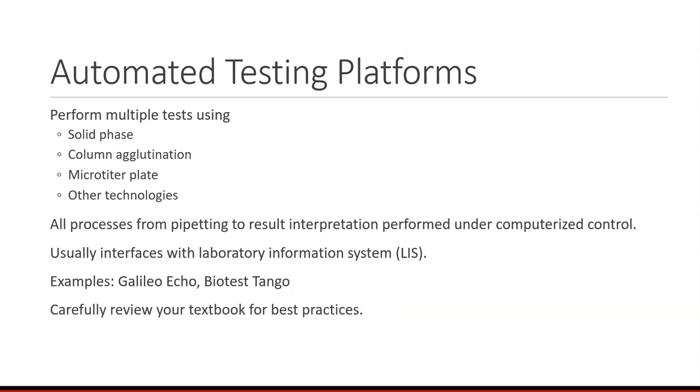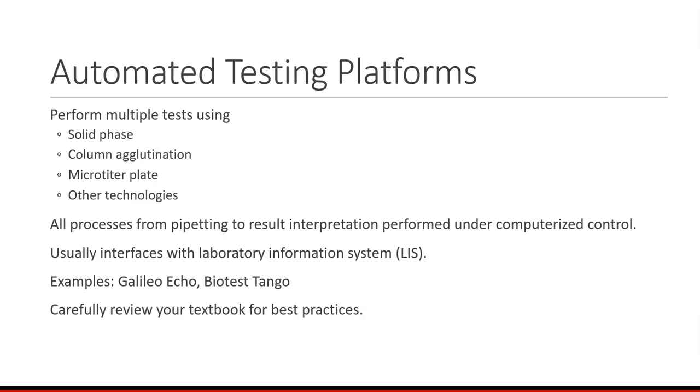Automated testing platforms are becoming very popular in big donor centers or in really busy, really large transfusion services. They perform multiple tests using either solid phase, column agglutination, microtiter plate, and other methodologies or technologies are also being developed.